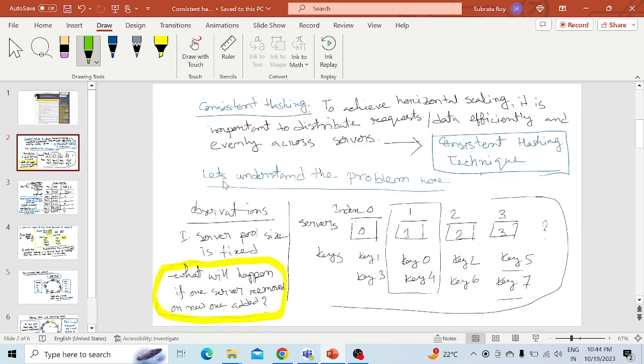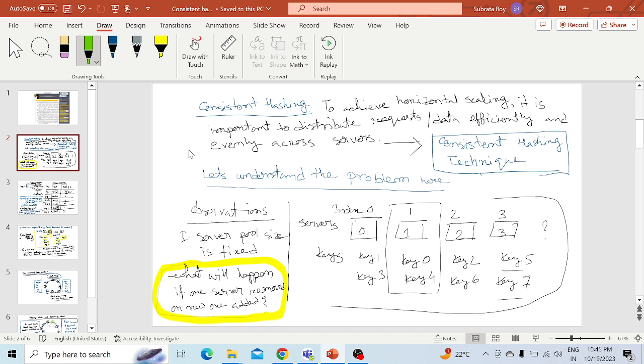Just to tell you again where hashing can help: it can help when you're thinking from a horizontal scalability perspective, whenever we have distributed systems, especially databases. Whenever we have a horizontally scaled database, consistent hashing is very important.